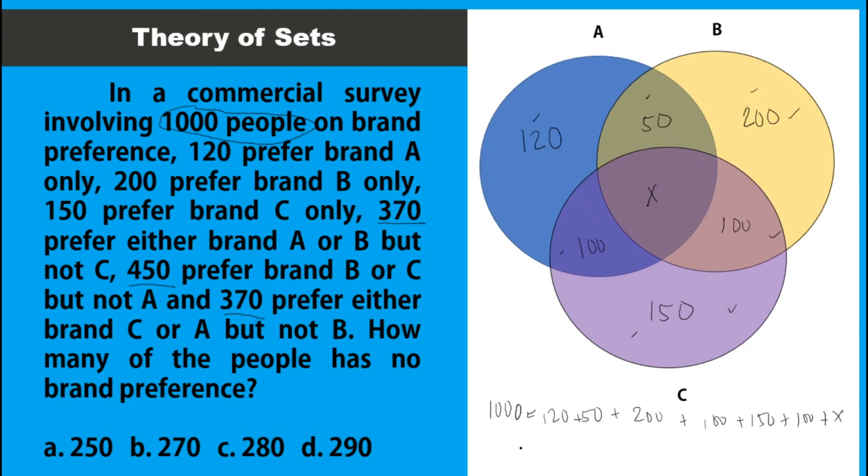So solving for this, we have 1000 equals 720 plus x, so we have x as 280. So the intersection should be 280.